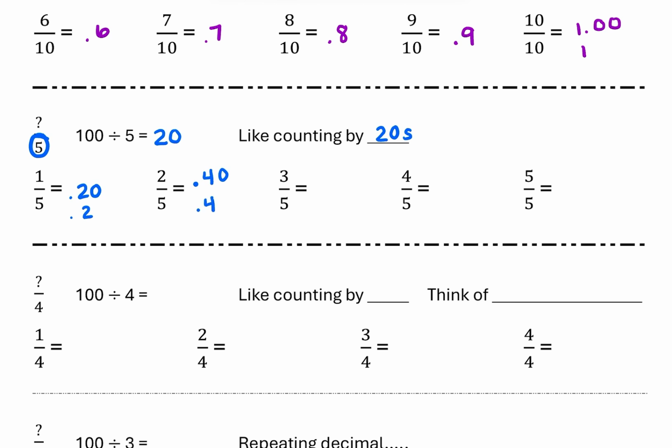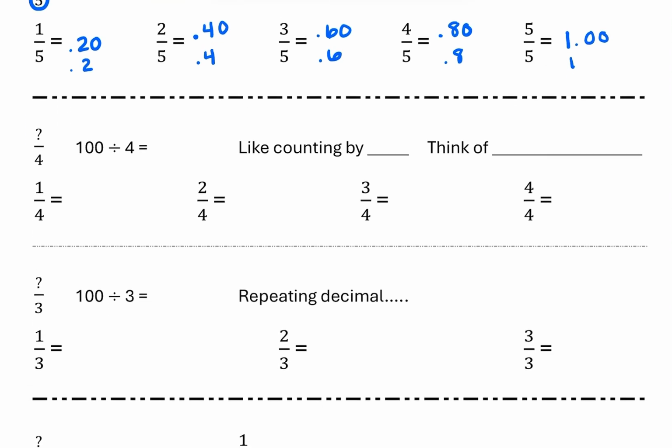Same thing. 3/5 would be 60, so 0.60 or 0.6. 4/5 would be 80, so that would be like 80 cents or 0.8. And then 5/5 again is 1 whole or $1. Okay, so if the bottom number is a 5, we think of 20s.